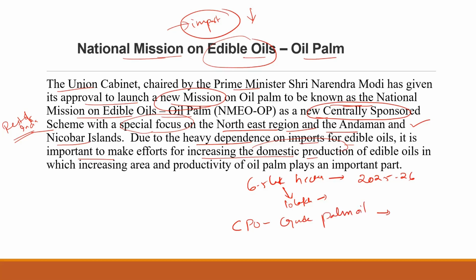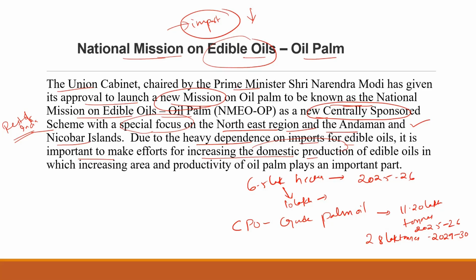It is expected to go up to 11.20 lakh tons by 2025-26 and up to 28 lakh tons by 2029-30. Here you don't have to remember the numbers, but you should know how they are planning to increase the production.